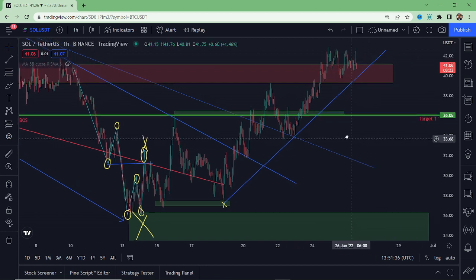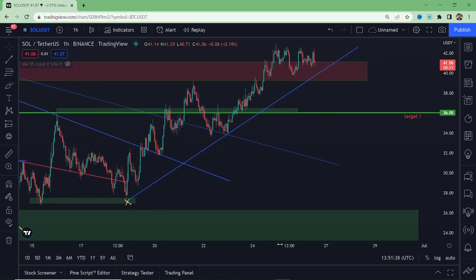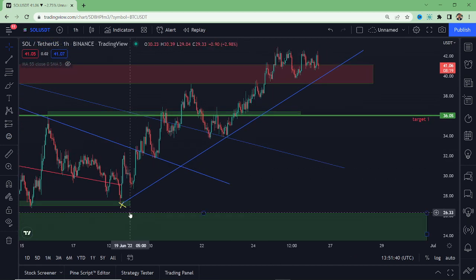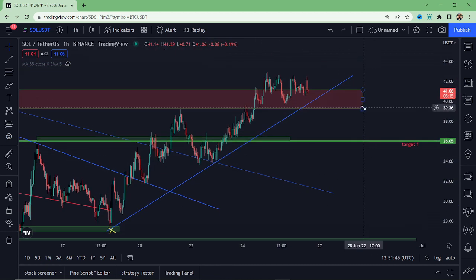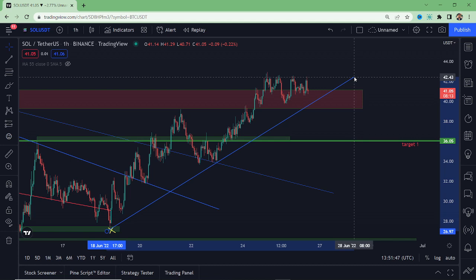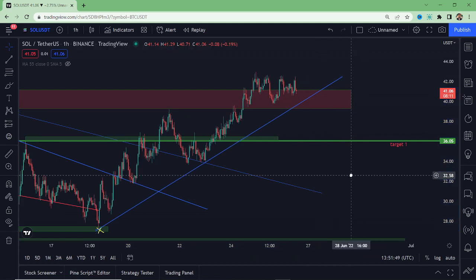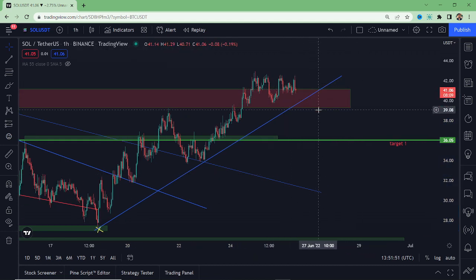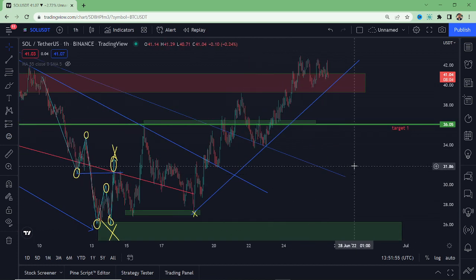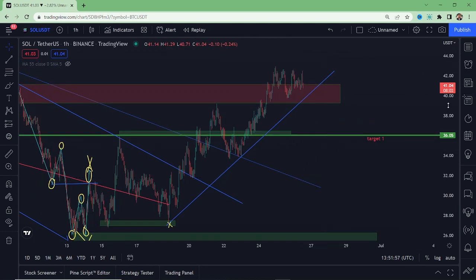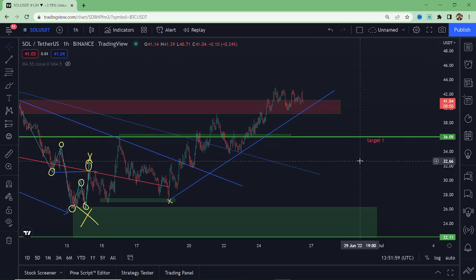So we have this trend line that is not confirmed yet. I don't take into consideration these two-tap trend lines. I need one more confirmation, and I believe that soon we are going to have that confirmation. This would be very important. If Solana is holding this trend line, it can go further up following this line.